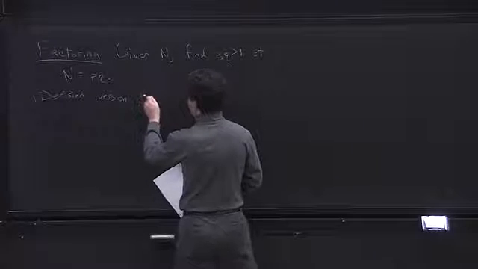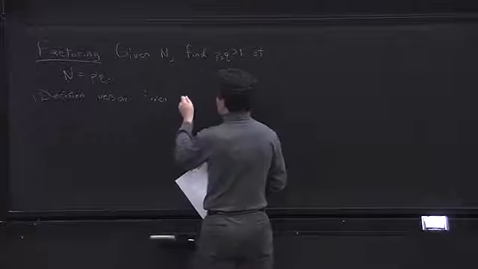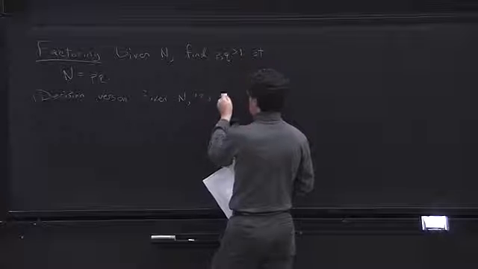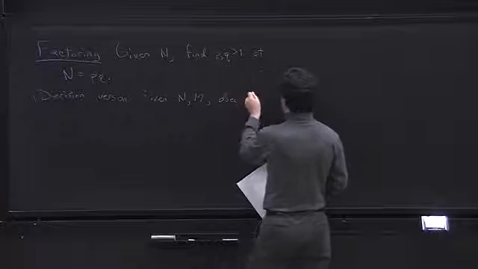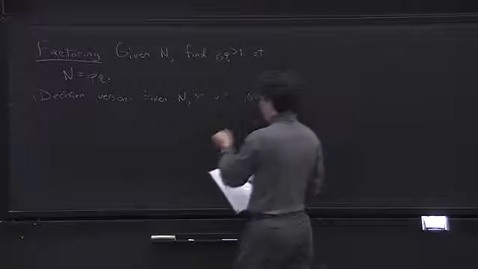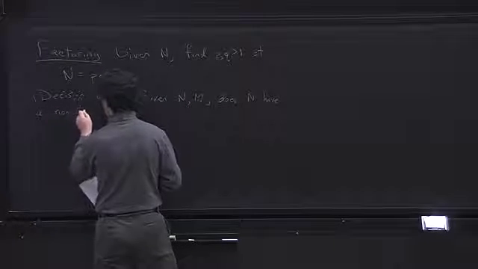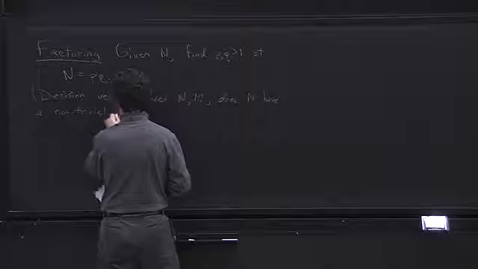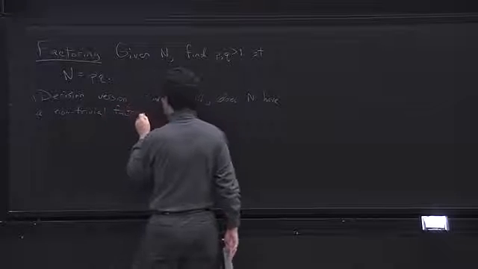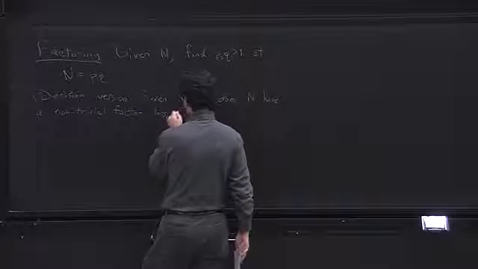Given n and m, does n have a non-trivial factor less than m?